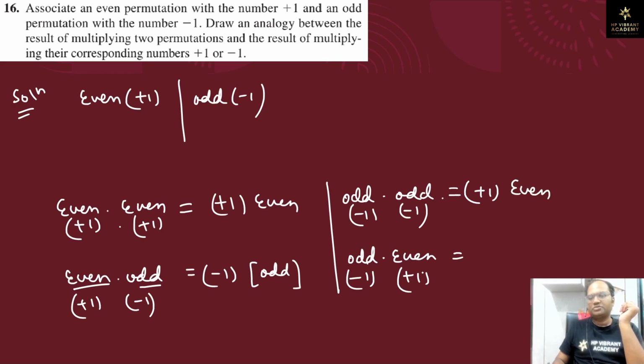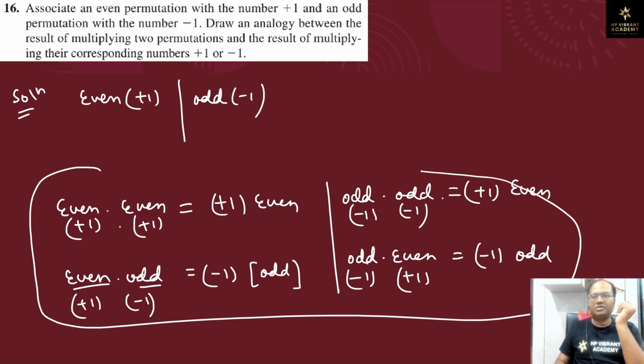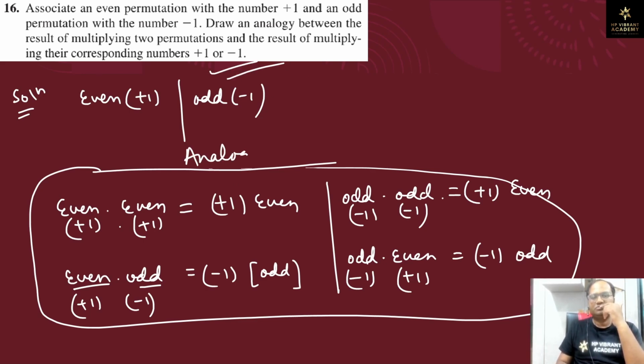Now we have odd times of even, so this is nothing but -1, so this is odd, so this is nothing but the analogy between the result of multiplying the two permutations and the result of multiplying their corresponding numbers with +1 and -1, so this is basically the analogy.